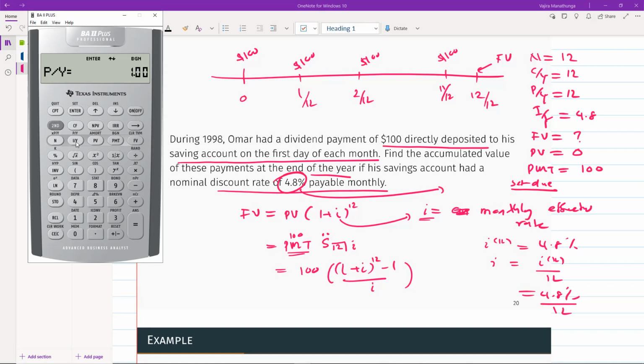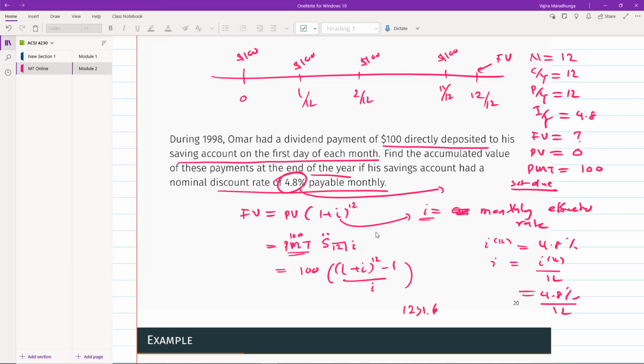Then second, here it's 12. Yeah, so we both are the same. Second quit. And then 0 for present value. Payment is 100. And then we are computing future value, and I'm getting 1,231.66. So that will be the answer.